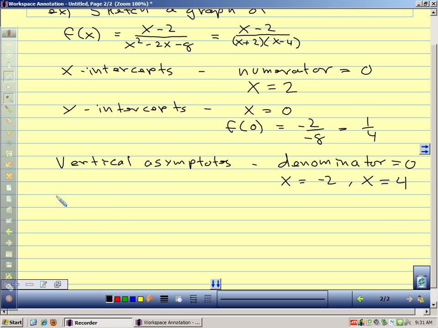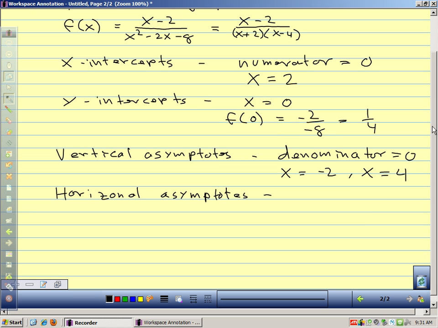Our horizontal asymptotes. We need to remember our rules for our three cases for horizontal asymptotes. We need to compare the degree of the numerator and the degree of the denominator. We look at our original function and we see that the degree of the numerator is smaller than the degree of the denominator. Anybody remember what that tells us about our horizontal asymptote?